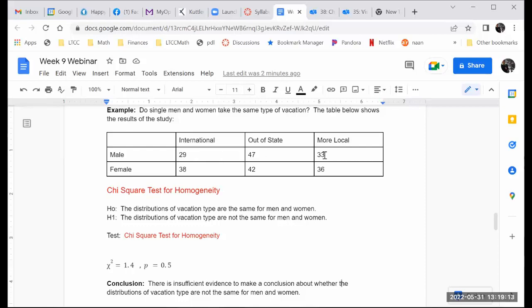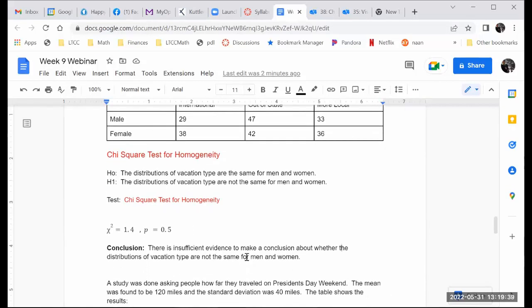The chi-squared puts them all together. Is it so that the higher the chi-square score, the more unlikely it is to get this if the null hypothesis were true? Yeah, exactly, very similar to what we've done before. Any more questions on this before we get to another example?